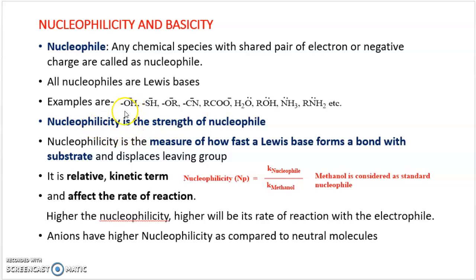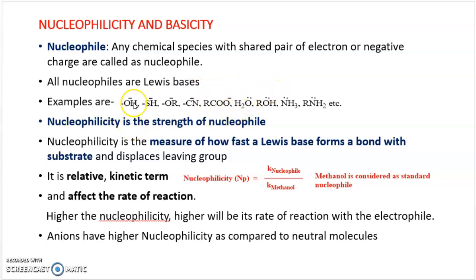For example, consider two nucleophiles, OH minus and SH minus, or consider H2O and OH minus. OH minus attacks an electrophile faster than H2O.